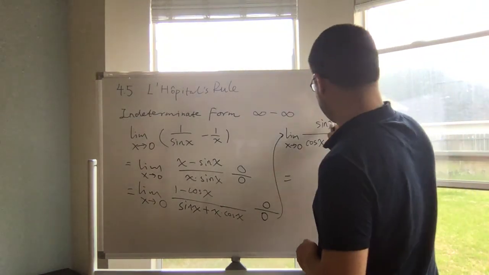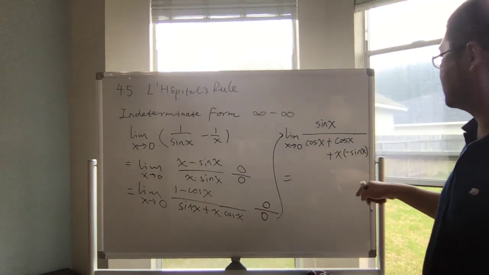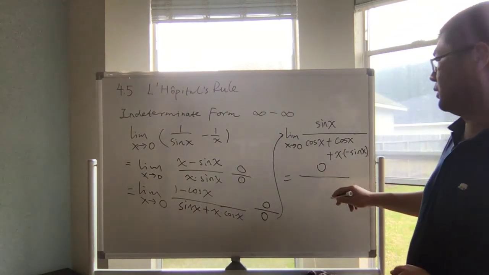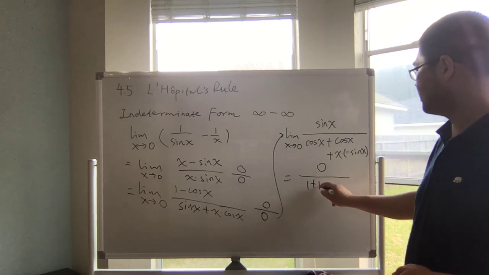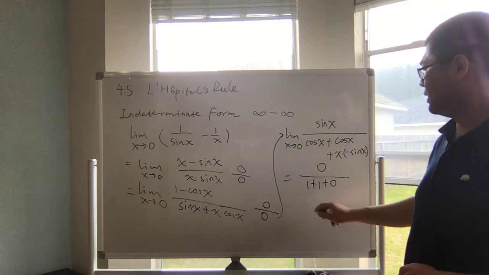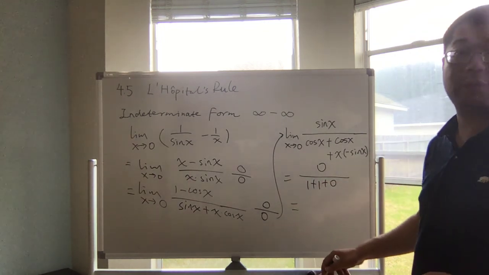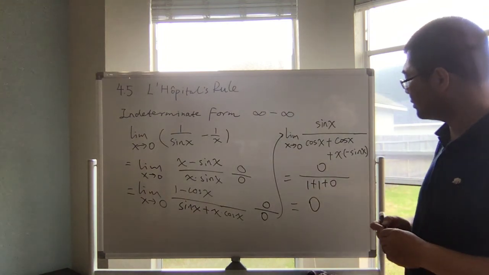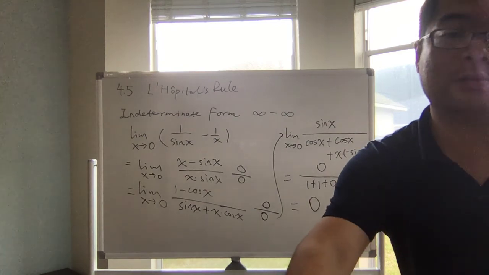So as you can see, if we plug into this, that's going to give us 0 over 1 plus 1 plus 0. And mission complete, guys. We have this equals 0. Okay? So I'll stop here.